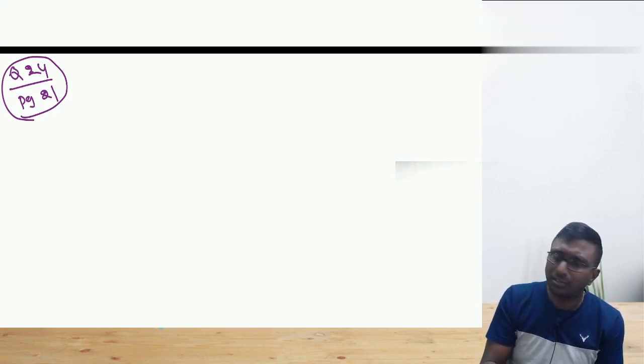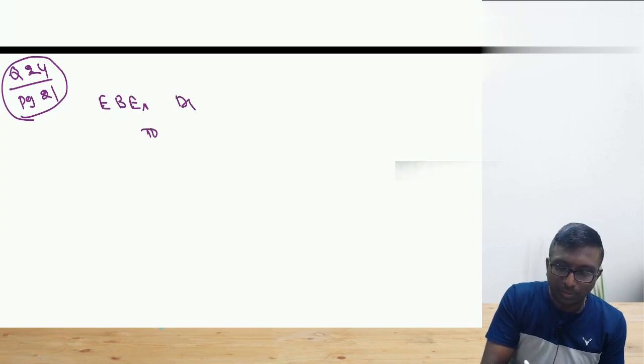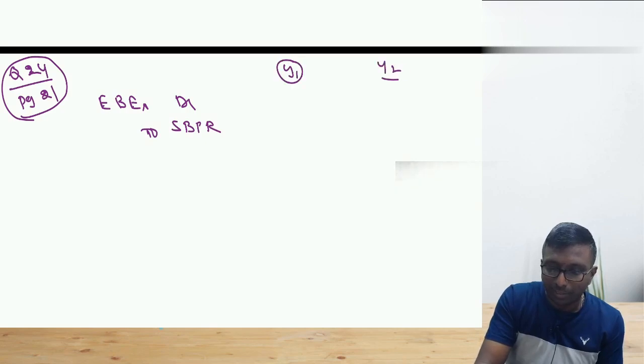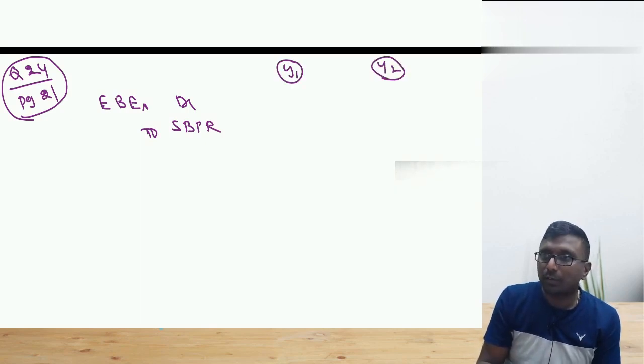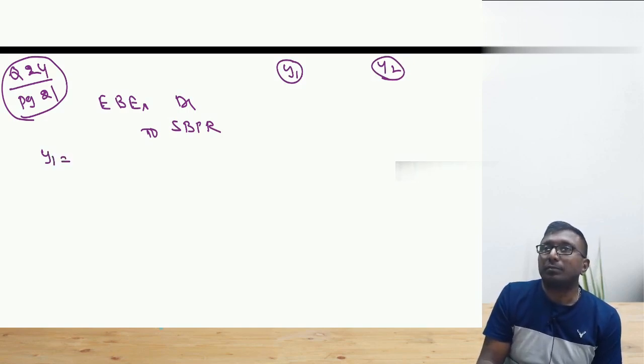Let's record it. Right. Employee benefit expense account debit to SBPR. Y1, Y2 like this. I am writing directly. Yeah. Here Y1.